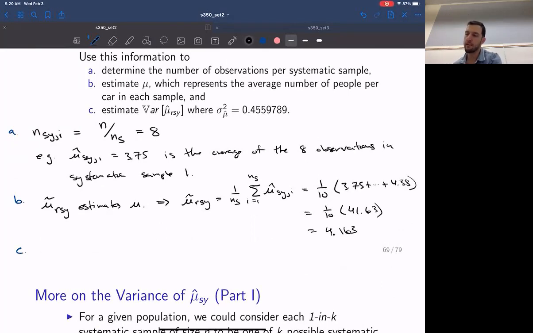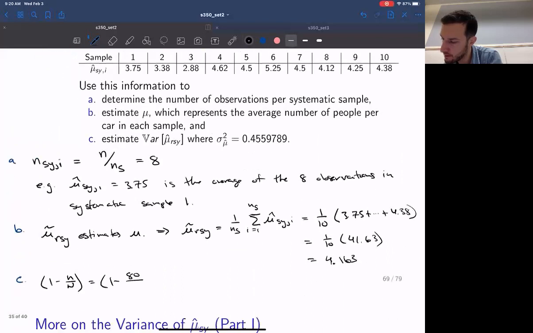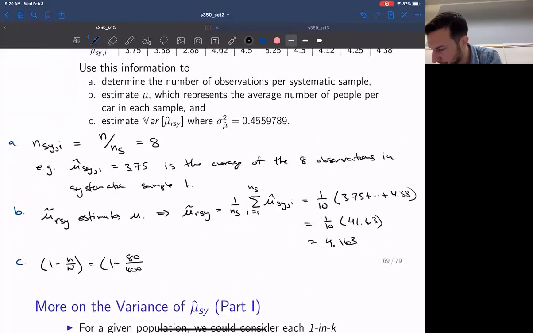And then finally, it says estimate the variance of mu hat RSY, where sigma squared of mu hat is equal to 0.455978. Okay, so we can start off with 1 minus little n over capital N, which is equal to 1 minus 80 over 400.